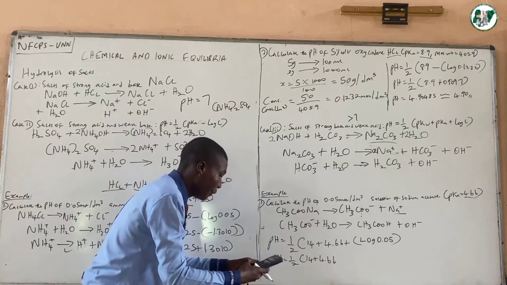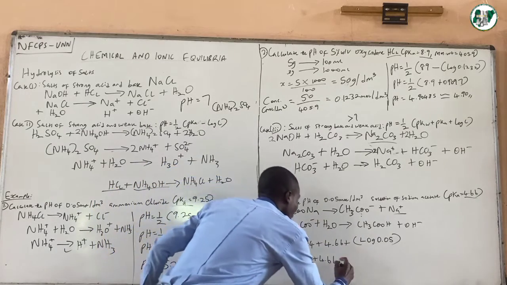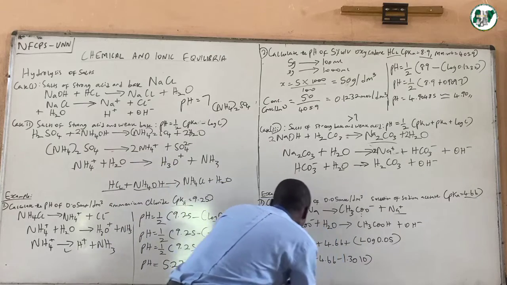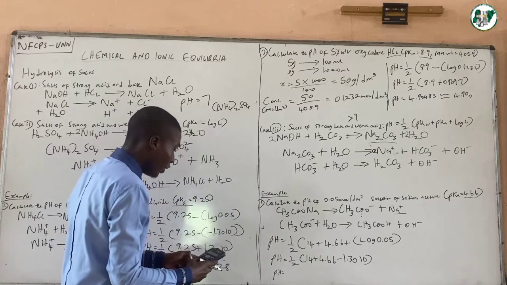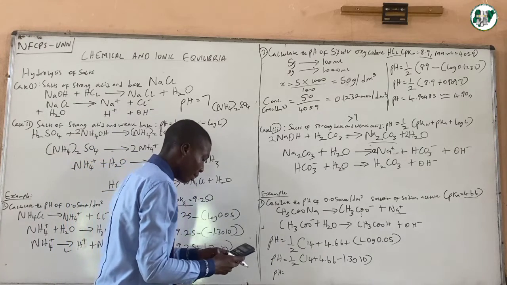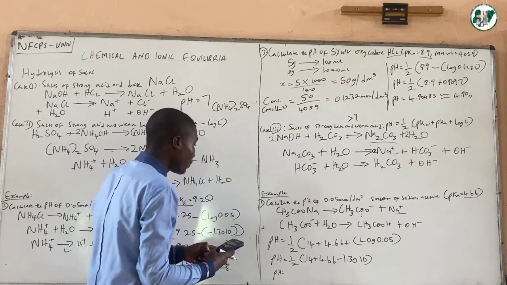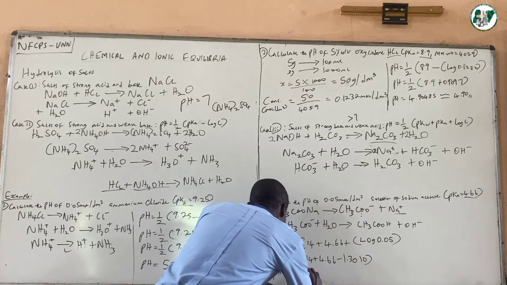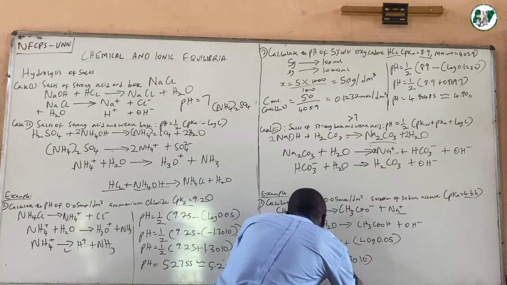Log 0.05 is minus 1.3010. So our final pH will be 14 plus 4.66 minus 1.3010, divided by 2, and our pH finally is 8.6795, which is approximately 8.68.